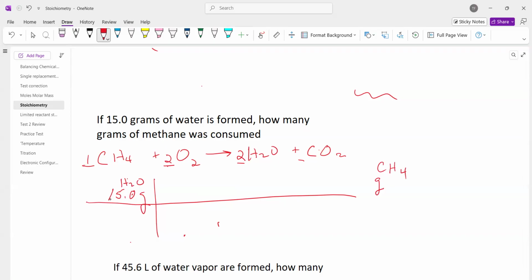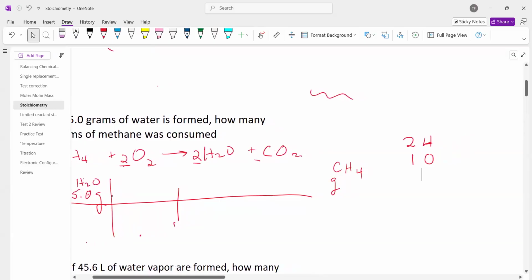Okay, so the balanced equation is a molar relationship. So we're starting with grams, we've got to get to moles. If we add up two hydrogens and one oxygen from the periodic table, hydrogens are 1.01 apiece, so that's 2.02.